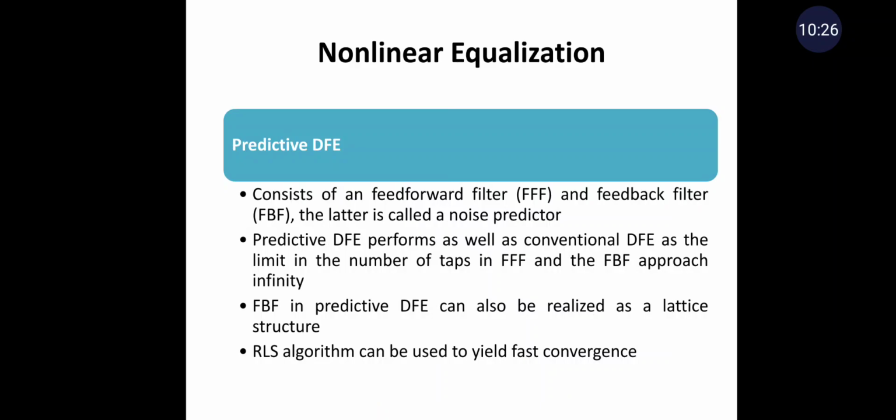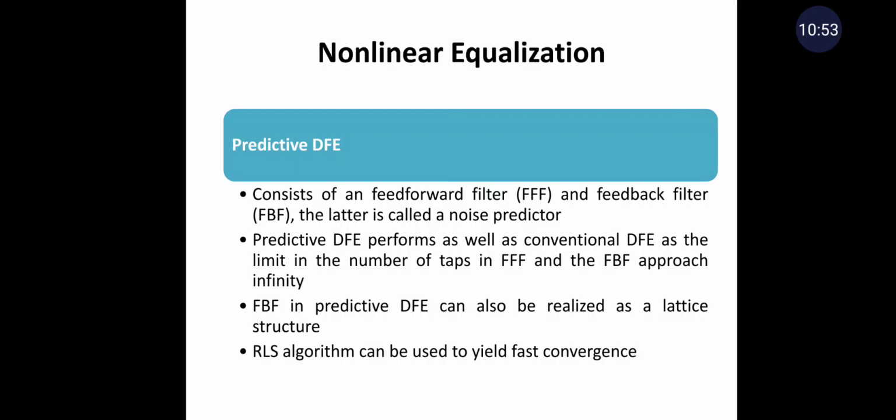The second one is the predictive DFE. It consists of a feed forward filter and a feedback filter, and the latter is called the noise predictor. The predictive DFE performs as well as the conventional DFE as the number of taps in FFF and FBF approaches infinity. The FBF in the predictive DFE can also be realized as a lattice structure.